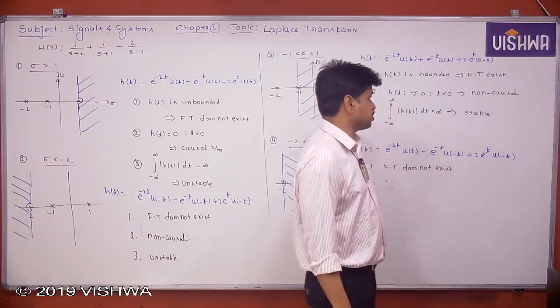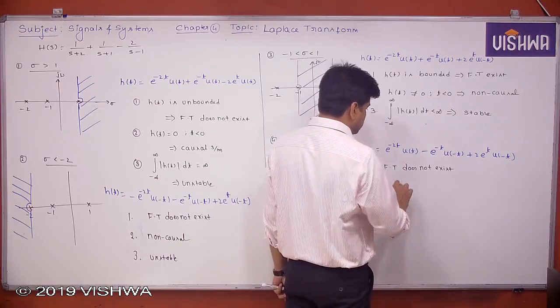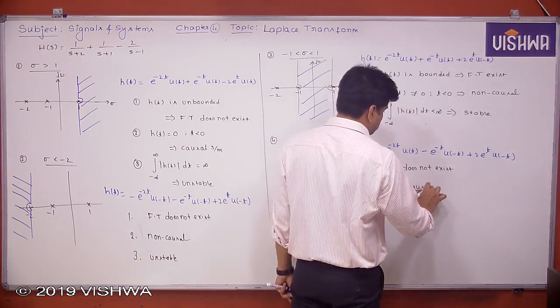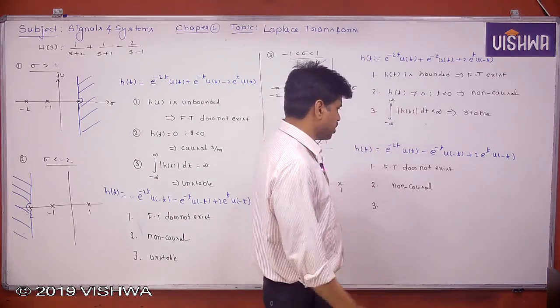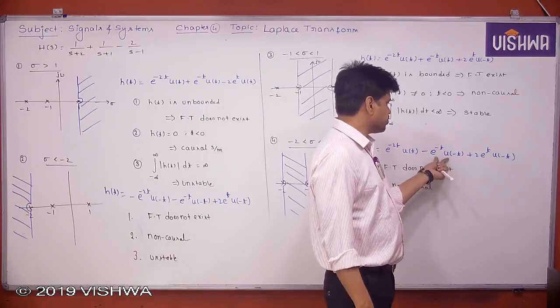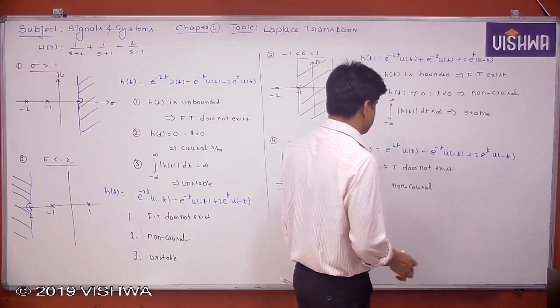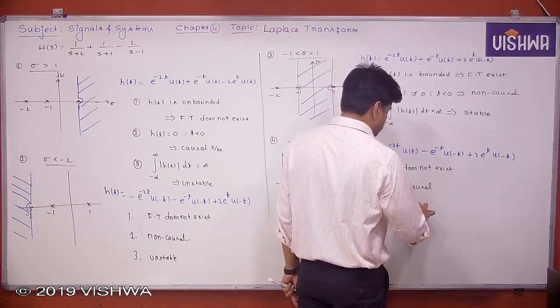So h of t exists for negative values of time, so it is non-causal. Next, third one, stable or unstable? It is unstable again, because this is bounded and this is unbounded. Because of this unbounded term, the area under the curve becomes infinity. So it is unstable.